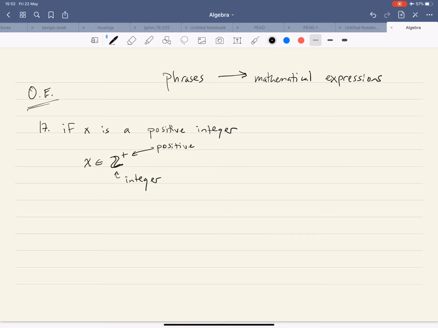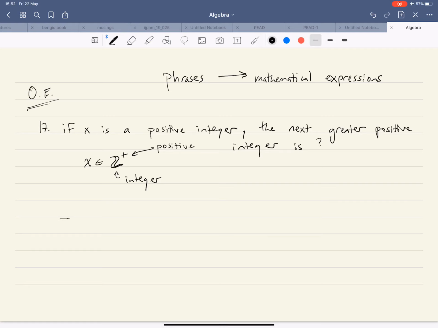So if x is a positive integer, the next greater positive integer is what?